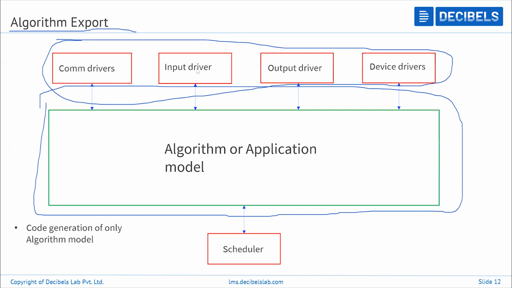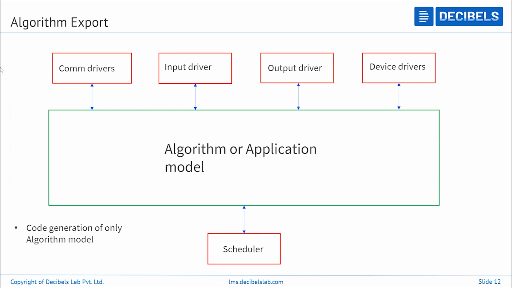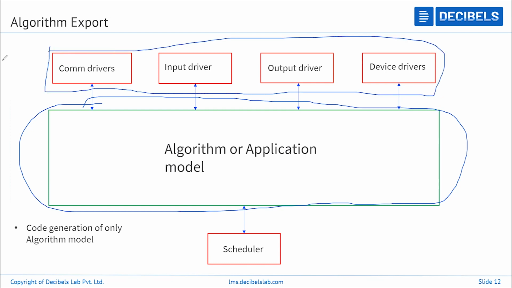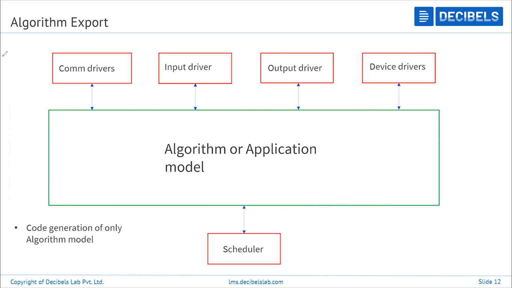If the hardware platform doesn't have this base software support, you can generate the code only for the application model. Later, in your respective IDE which has the base software, you can transfer the generated code to that IDE.